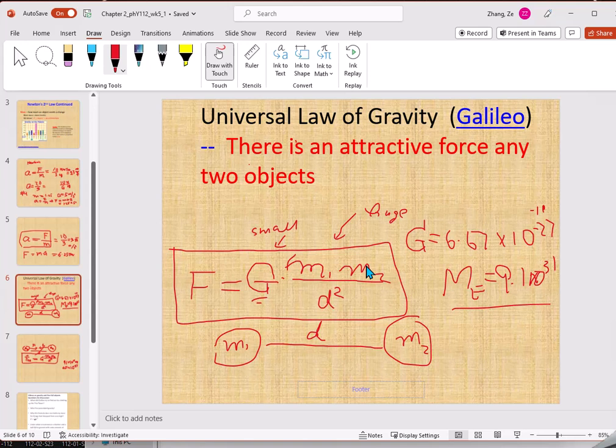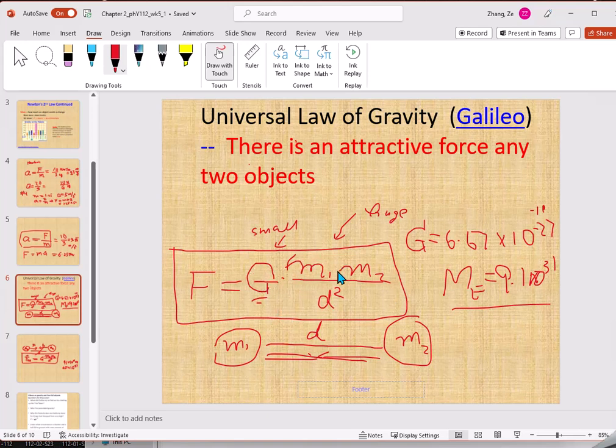And the attractive force is definitely along the line between these two. So A attracts B and B will also attract A. So the two objects will attract. That's the universal law of gravity. If you want to state the universal law of gravity, you will say there is an attractive force between any two objects, and its strength is given by this formula, in which this number is very small.